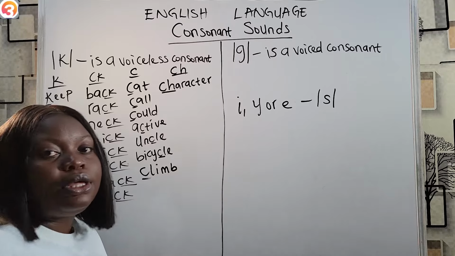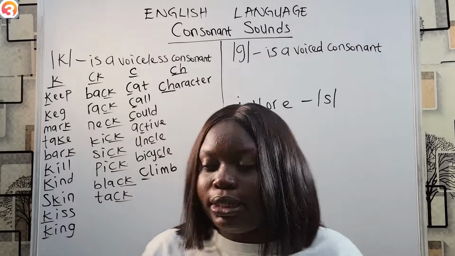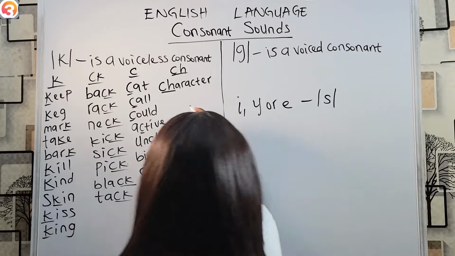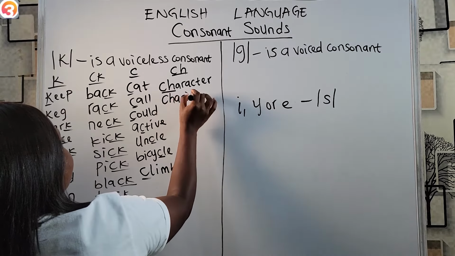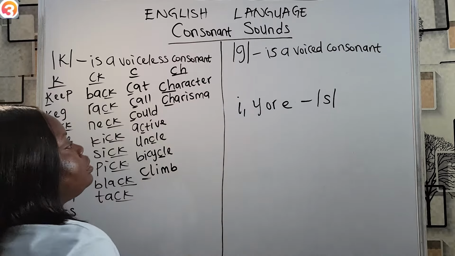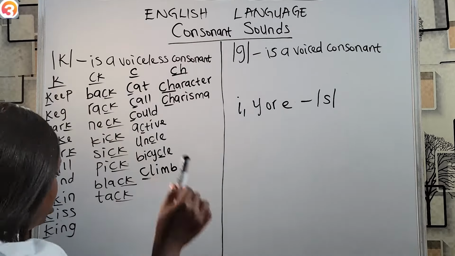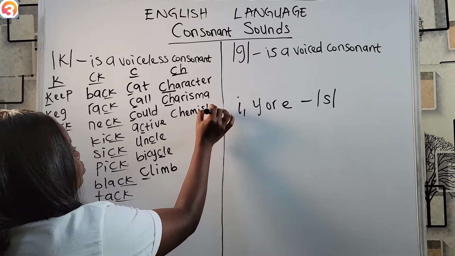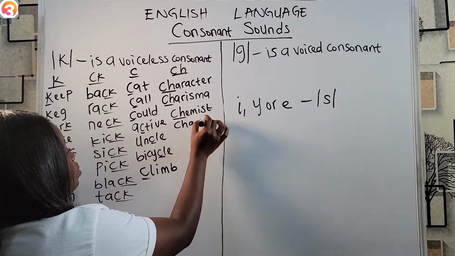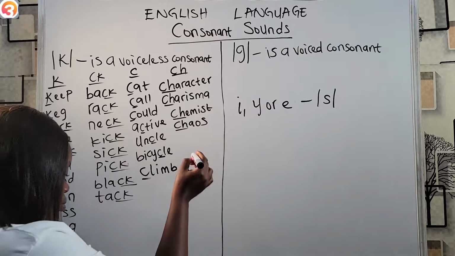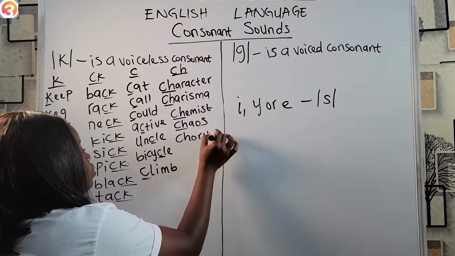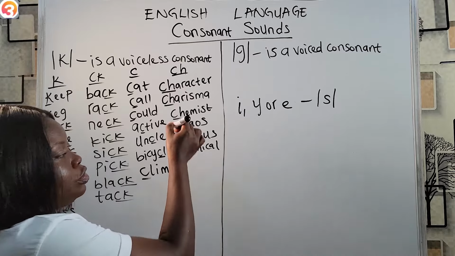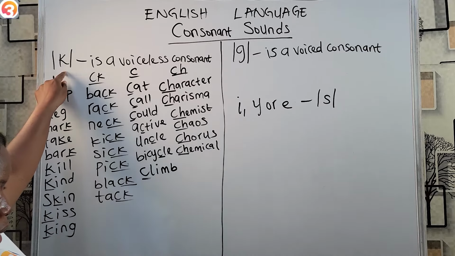The CH in character, we pronounce as K. Other words include charisma, chemist, chaos, chorus, chemical. The CH in these words produces the K sound.